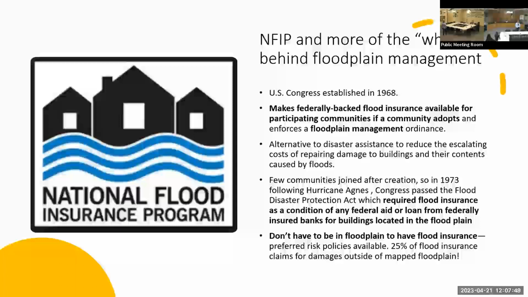Even outside of floodplains, you can get flood insurance, which is important. For instance, if your storm drain fills up on your street and you and another property flood just from that urban stormwater runoff, you can still submit a flood insurance claim. And so 25% of flood insurance claims are for damages in areas outside of mapped floodplains.